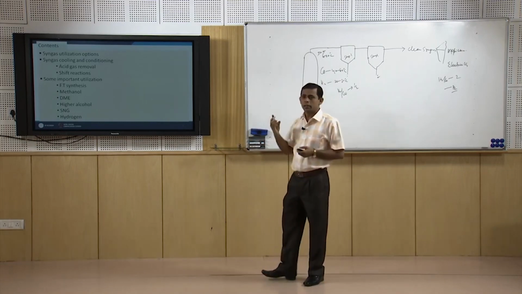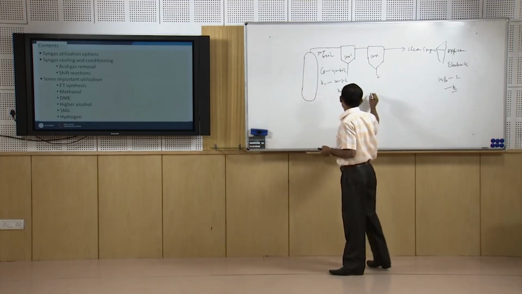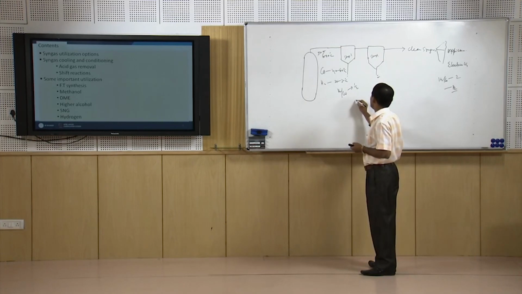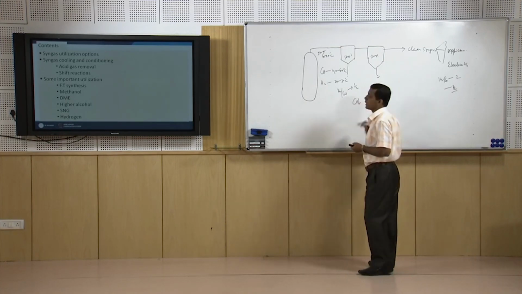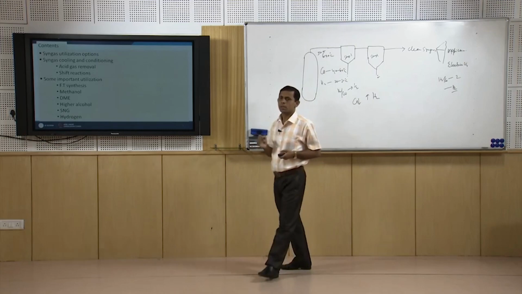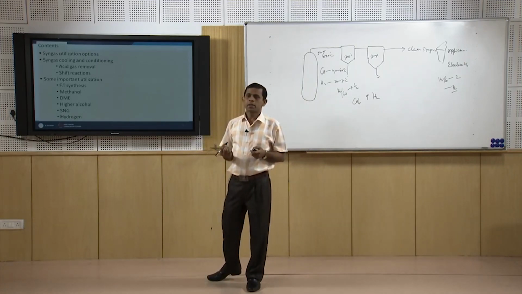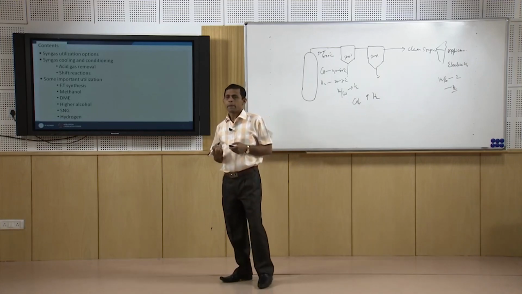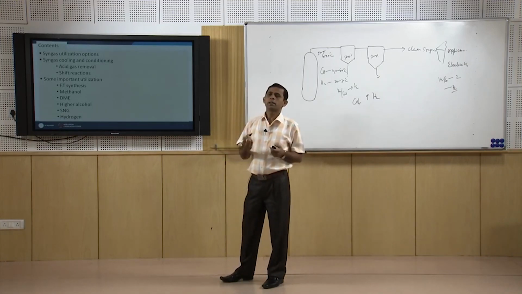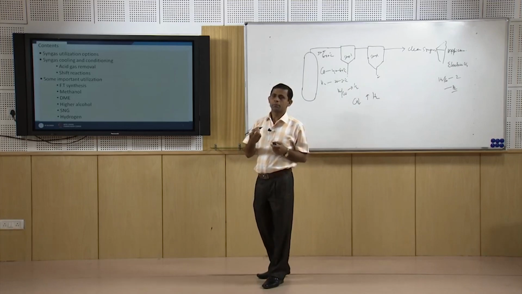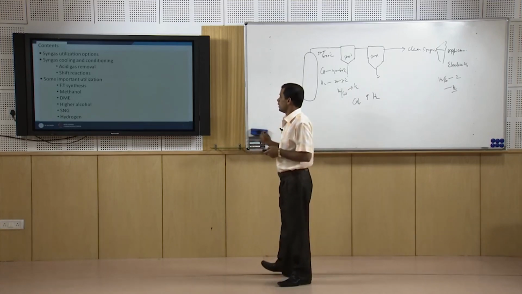Shift reactions will increase the hydrogen concentration in the syngas and reduce the CO concentration. And then we will discuss the processes for the production of some chemicals or other utilities like production of electricity etc.